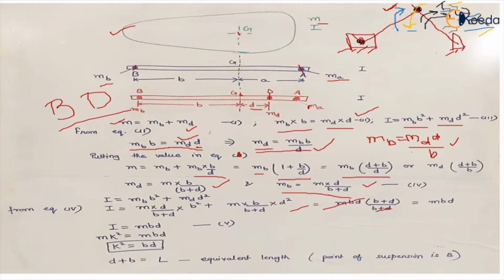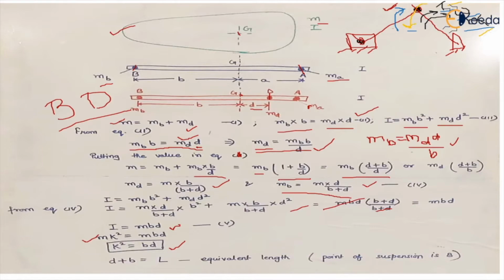equal to mass of the rigid body or the connecting rod into b into d, where b and d are the distances of the point masses from the center of mass. And we know moment of inertia is mk square, where k is the radius of gyration. So k square comes equal to b into d. So this equation we'll use in the further derivation, or it may also be used while doing the numericals.